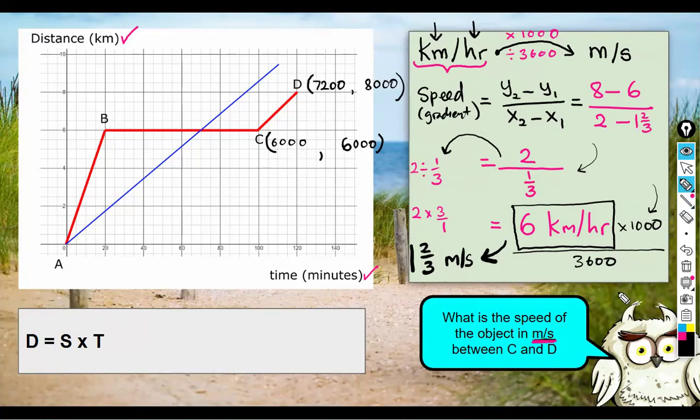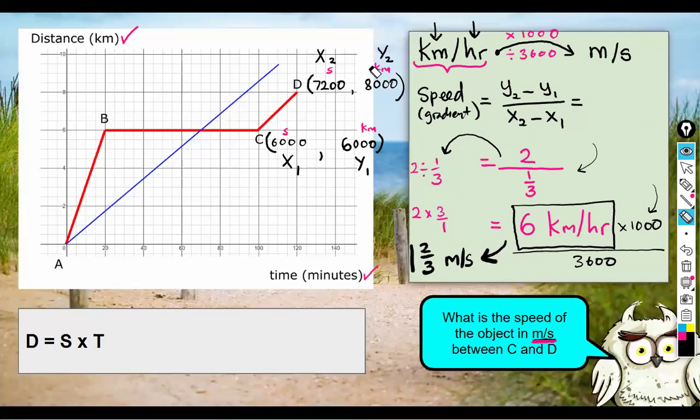So I'll put the units on top now. Call this one X1, this one Y1, this one X2, and this one Y2. Throw it into the gradient formula and let me know if you get the same answer, 1 and 2/3.